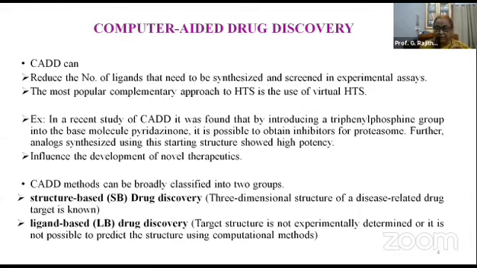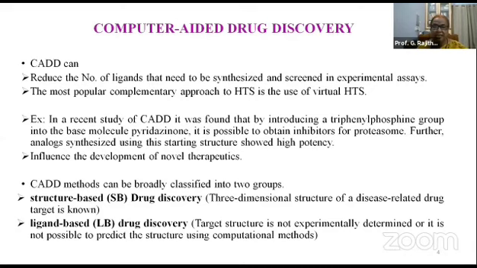And this is a complementary approach to HTS. What is HTS? High throughput screening. Actually, high throughput screening was developed because of combinatorial chemistry. Combinatorial chemistry means synthesizing a library of compounds. When we synthesize a library, a set of compounds in a single day, you require to screen that library.